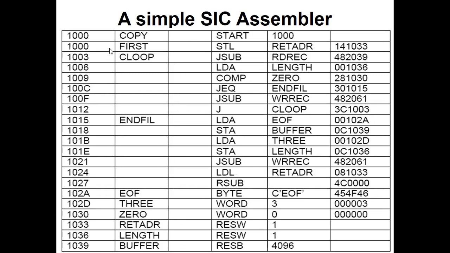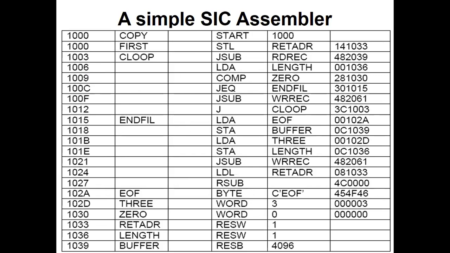This column is a column for addresses. So when this program gets loaded in memory, because you remember we are saying that after translating it, it is going to be loaded in memory. Memory takes only machine language instructions. So we have to know the address where it is going to be loaded from, okay?